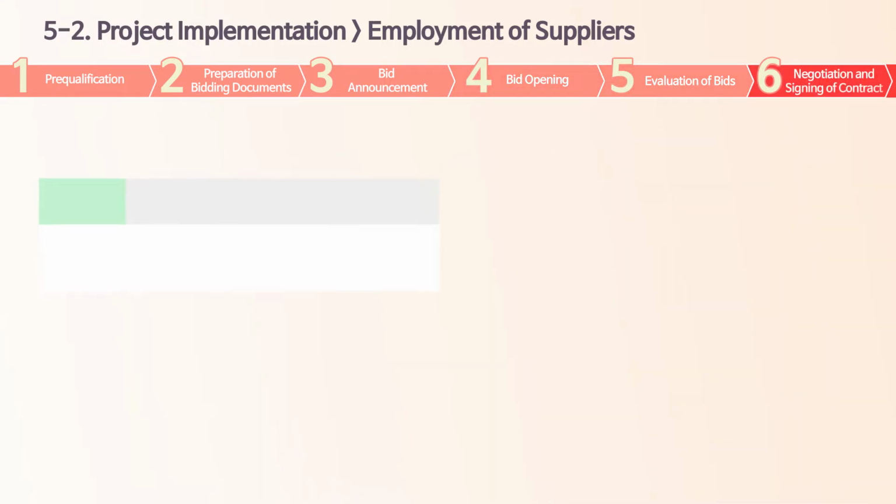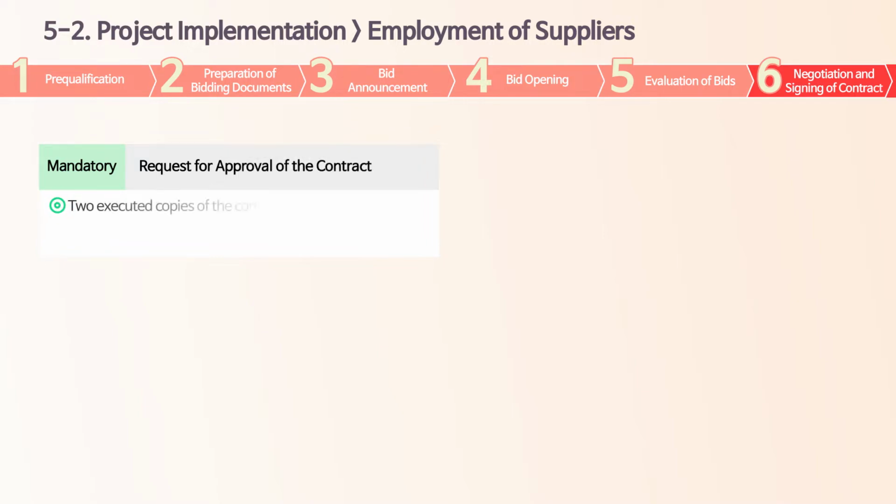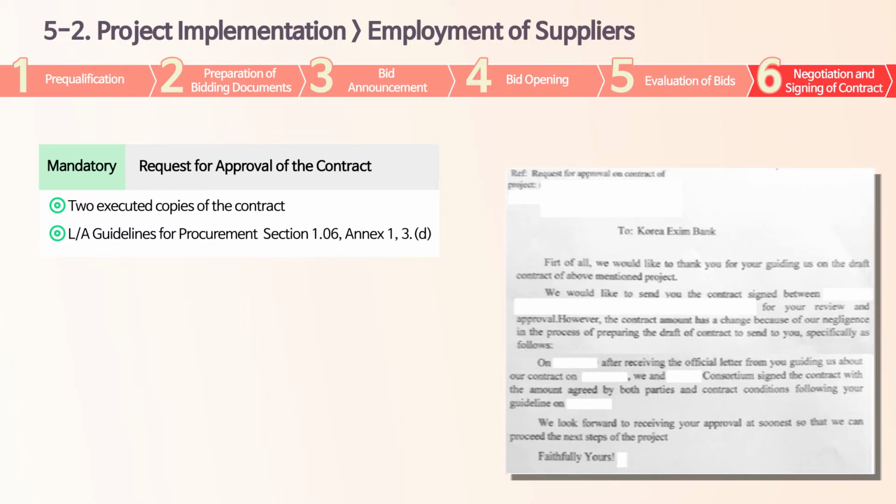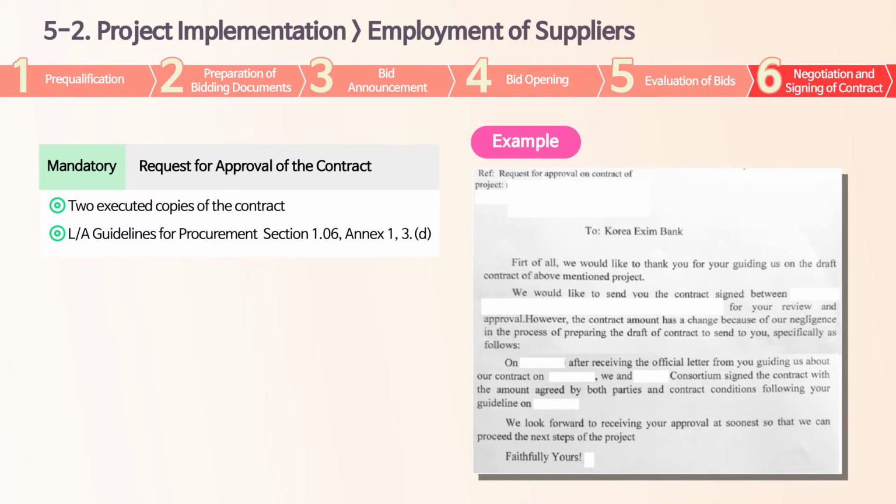Just like the employment of consultants, you need one more step after PEA and the supplier finish negotiation and sign the contract. The contract will come into effect only after EDCF approval. Therefore, PEA shall submit an official letter for approval of the contract with 2 executed copies of the contract in accordance with the guidelines.